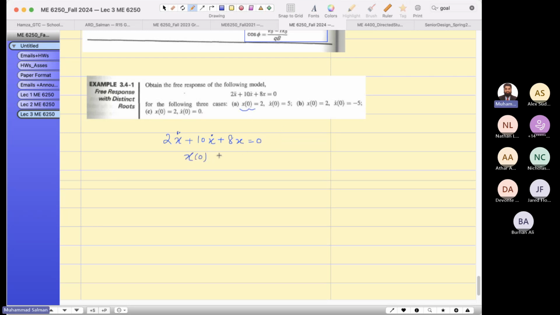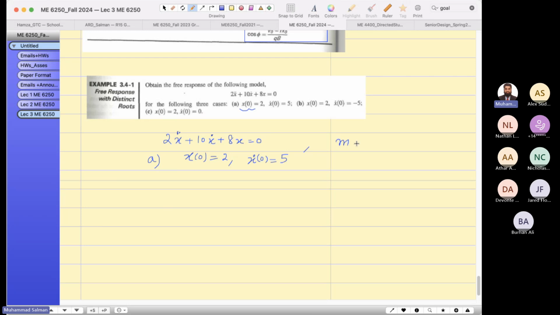The displacement at time t equal to 0 is 2, and velocity at time t equal to 0 is 5. So let's do this one. This is similar to a mass spring damper system.